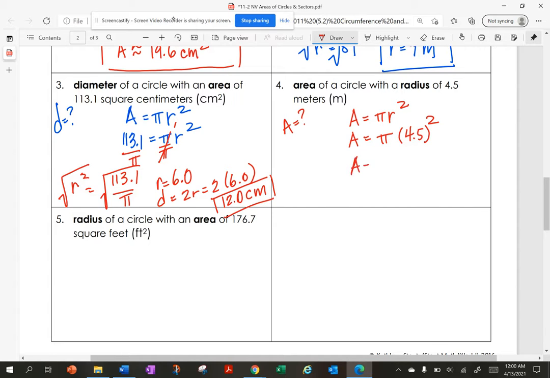Okay, so my exact answer, I'm just multiplying 4.5 squared, which is 20.25 pi, and my units are meters squared for my exact answer. My rounded answer, when I multiply pi out on the calculator, is 63.6 meters squared.